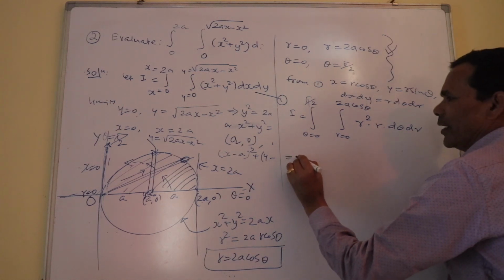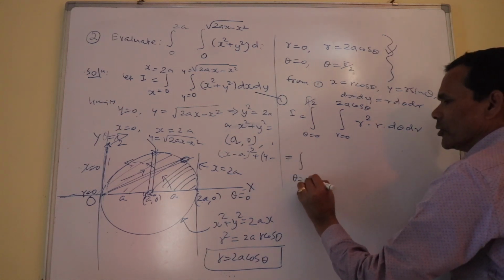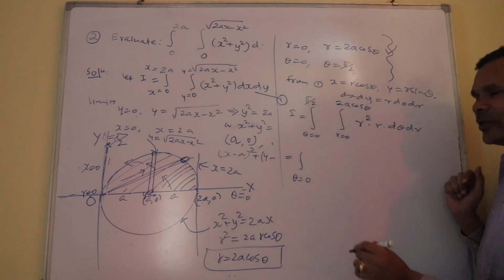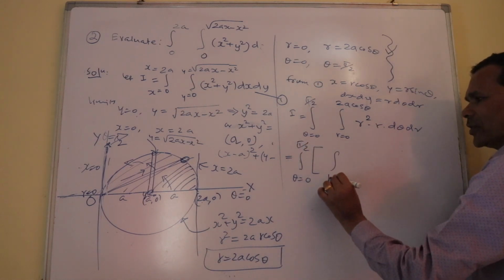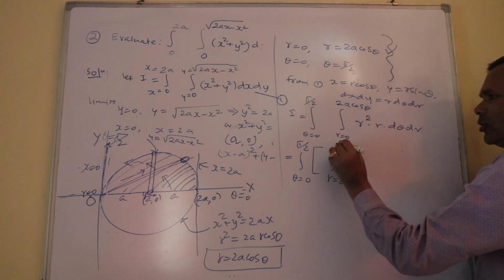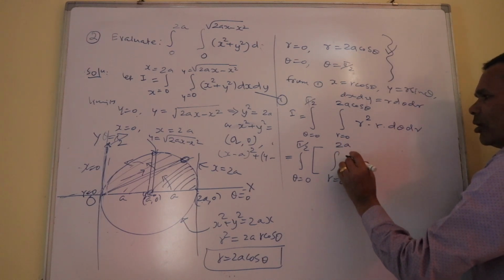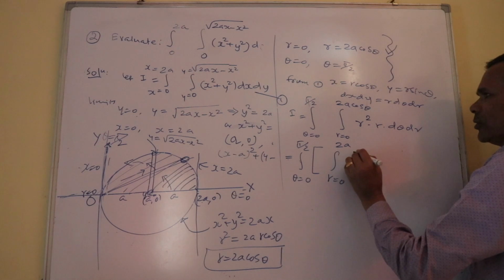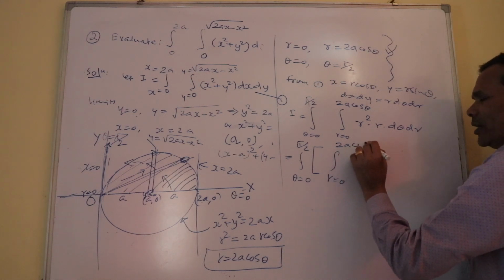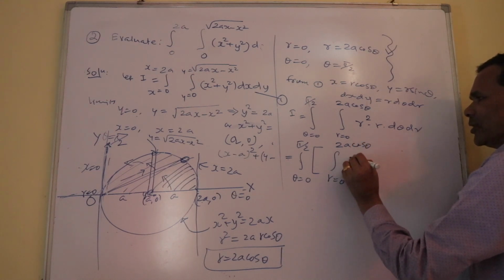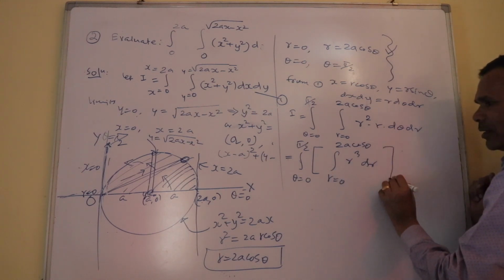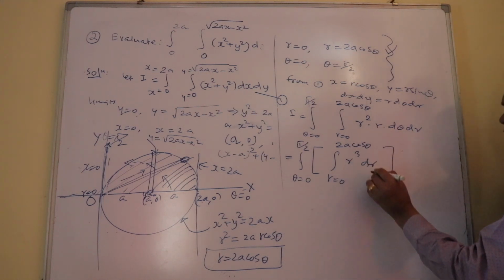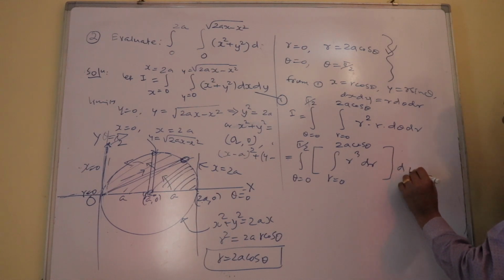Okay, so we simplify this. As I said earlier, it is first to be integrated with respect to r and then with respect to theta. So I write this as theta is equal to 0 to pi by 2, and r is equal to 0 to 2 times a cos theta, r cube dr d theta.